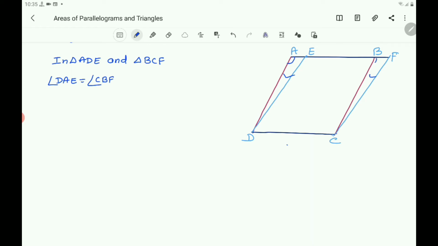These two are the corresponding angles made by the transversal AF of AD parallel to BC. Here AD is parallel to BC and AF is a transversal, and angle BAD, or angle DAE, equals angle CBF, as they are the corresponding angles made by the transversal AF. Right?